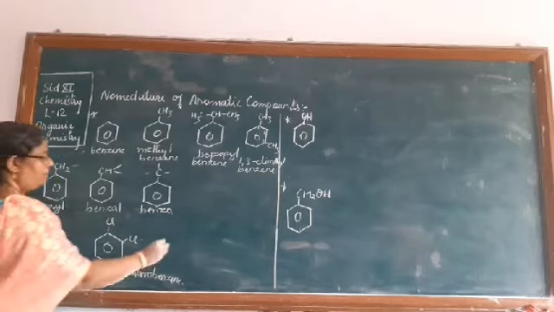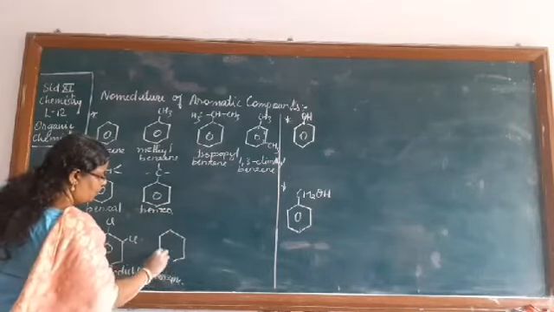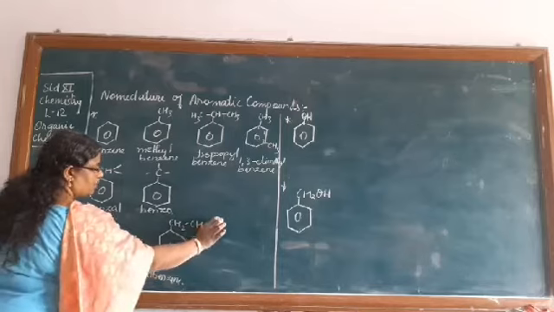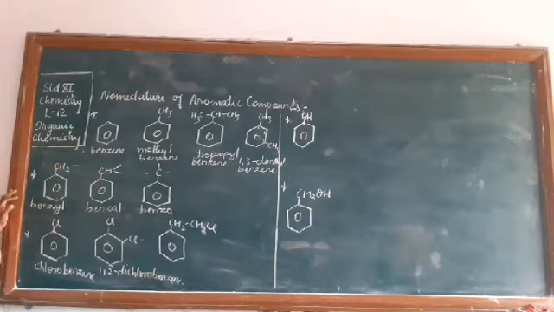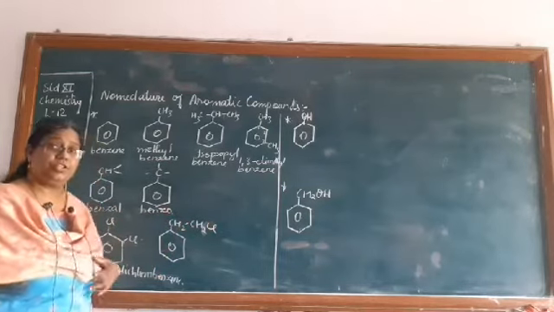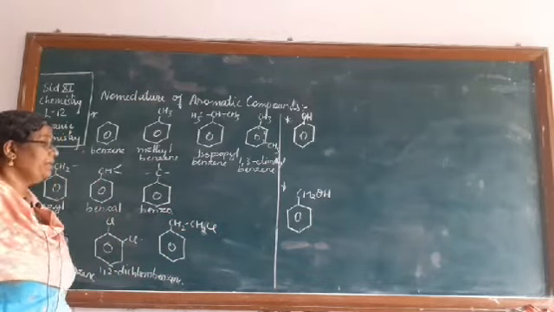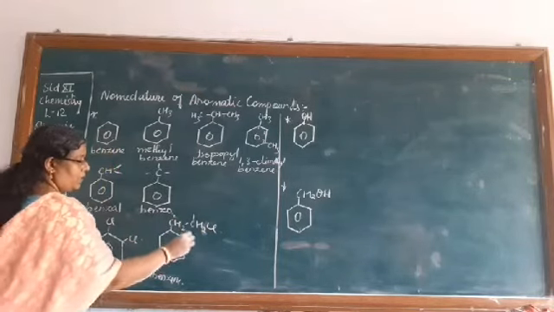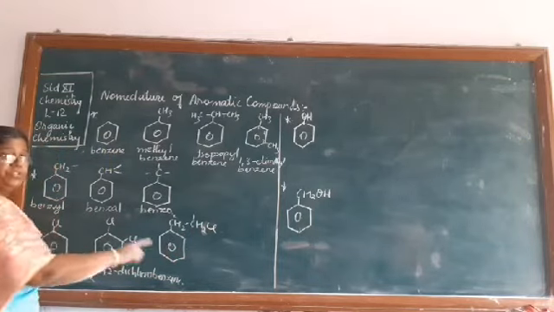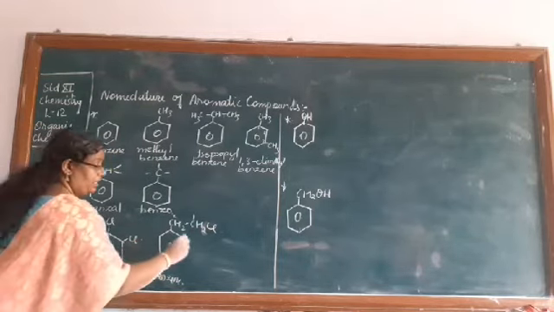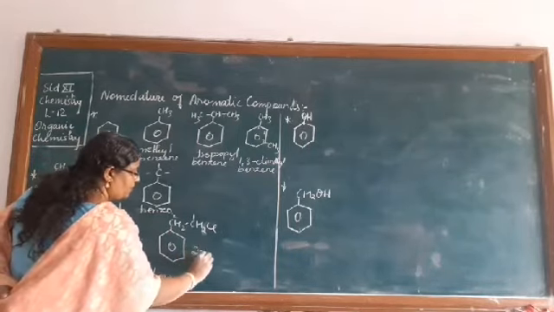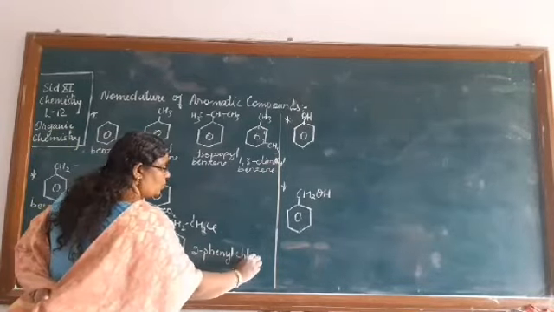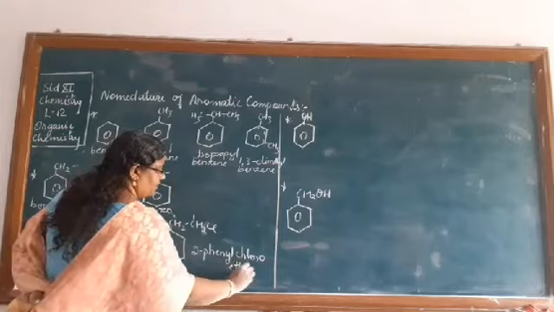Okay. Now look here, when there is a benzene ring with CH2Cl, what is this? In the side chain there is a functional group. So in that case this will be named as the name of this chain. So this is 1 carbon, 2 carbon. Now this is a substituent, and as a substituent the benzene ring is named phenyl. So its name is 2-phenyl chloroethane.